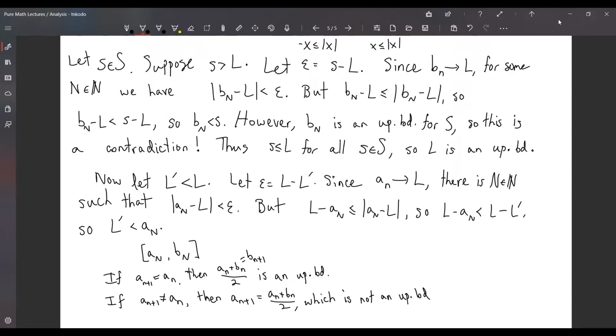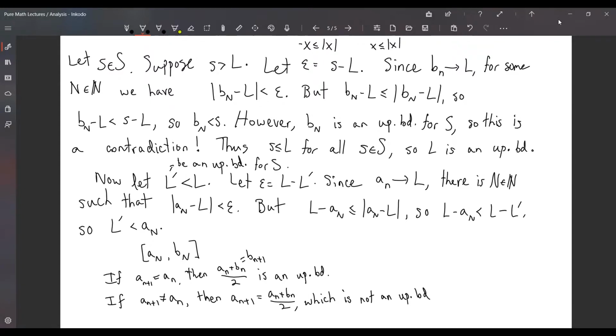So when we let L prime be less than L, we're assuming L prime is an upper bound for S, which is less than L. What we've shown here is that we have some a sub n which is bigger than L prime, and if L prime is an upper bound, then that means a sub n is an upper bound.